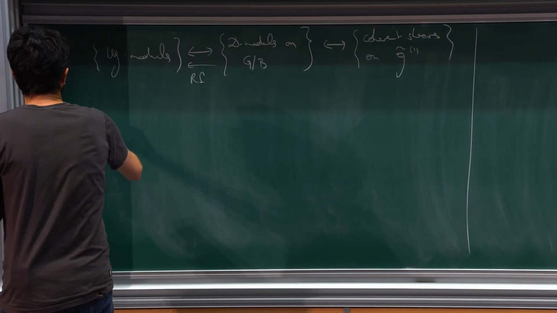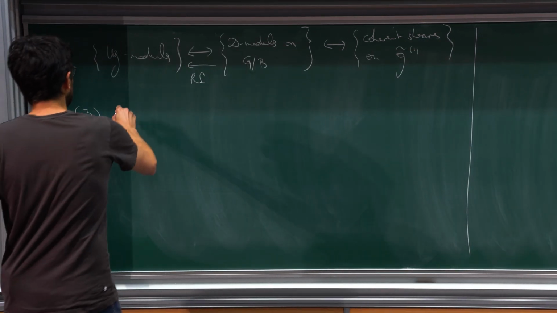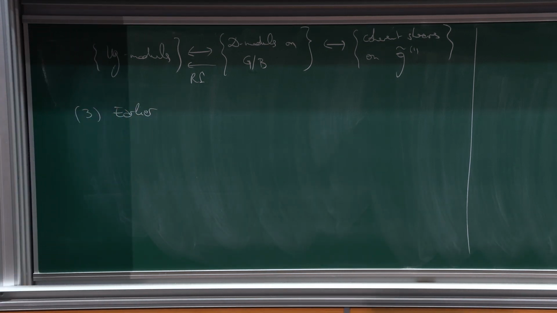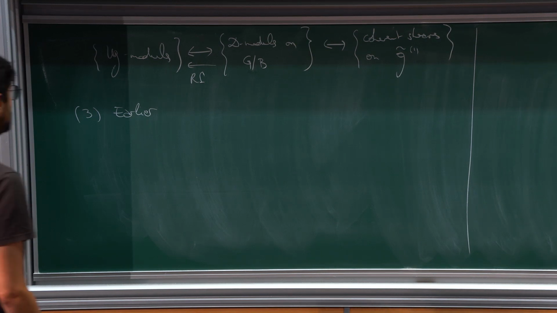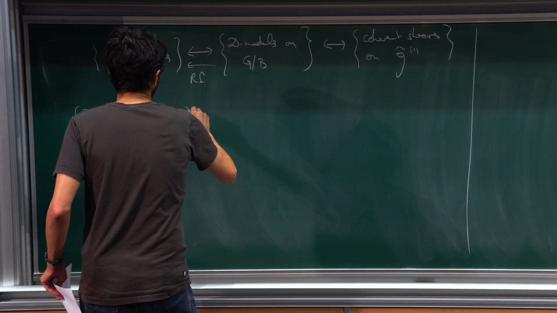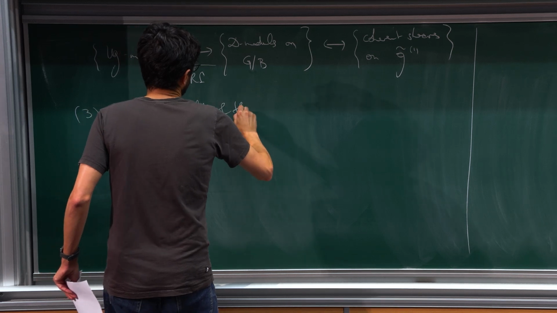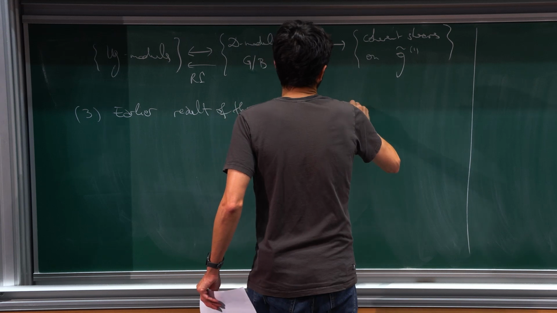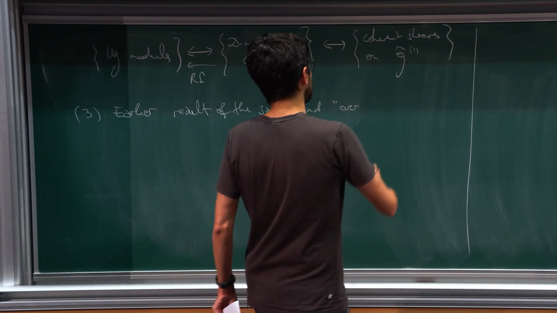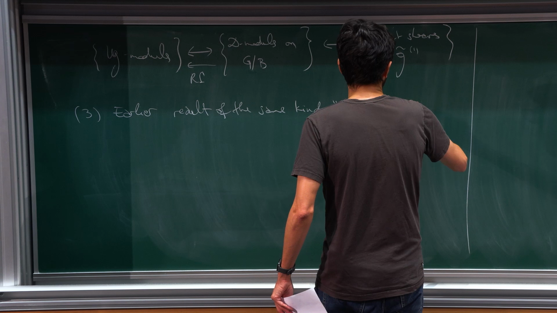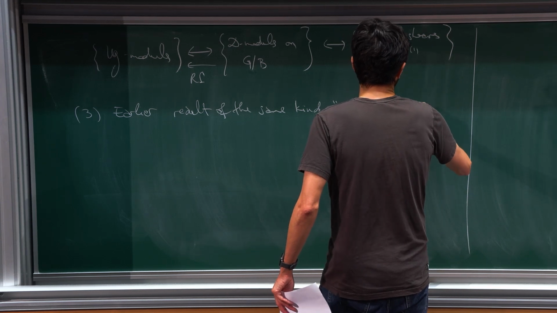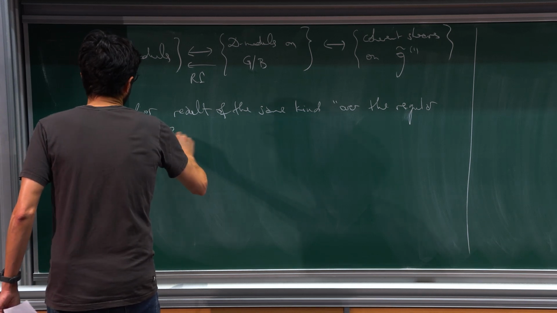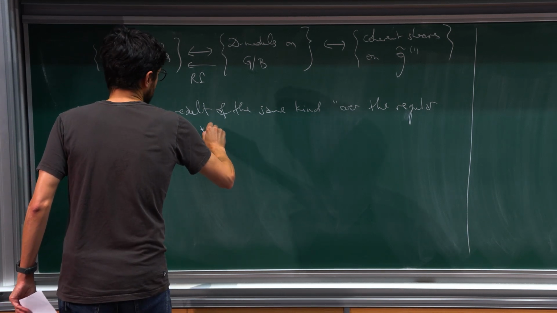And so that's what I wanted to say about the proof. Now, third remark is that Roman Bezrukavnikov and I had an earlier result of the same kind, but where we only looked at what happened over the regular part. In a sense, again, I'm not going to be very precise, over the regular part of g star.